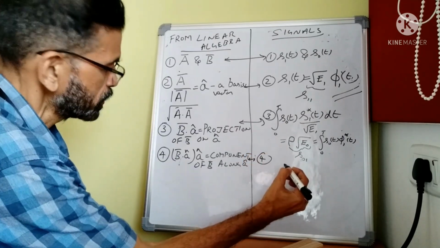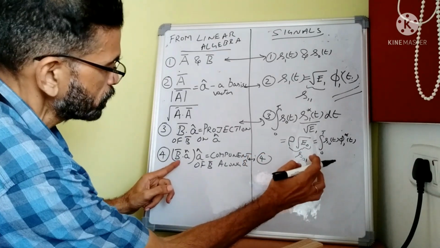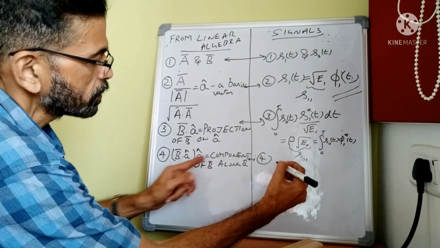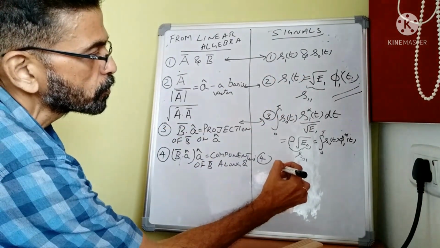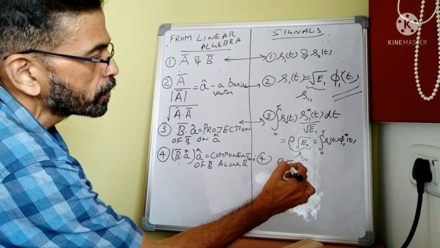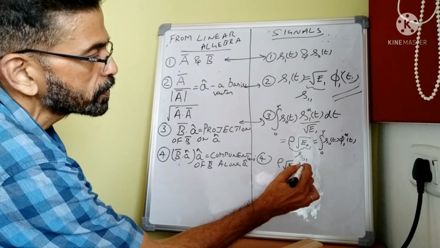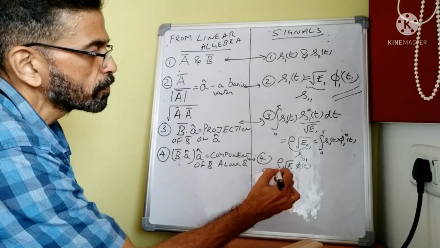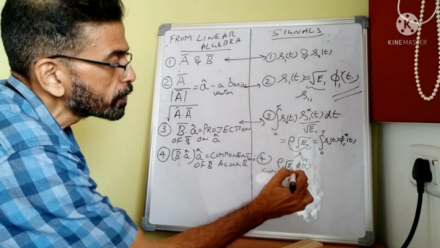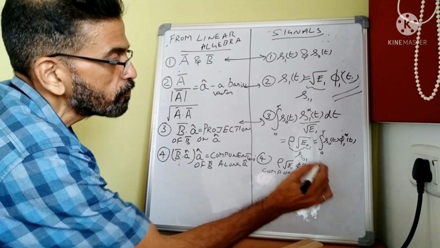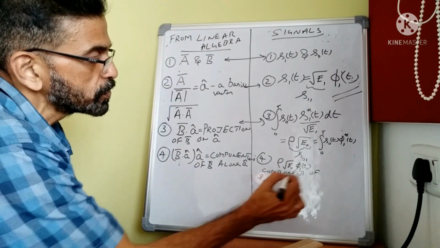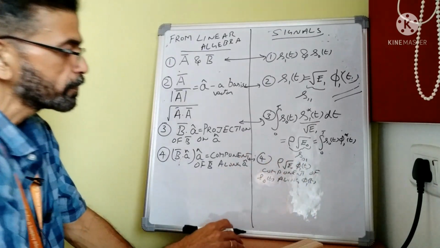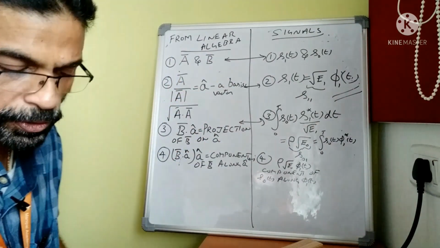The corresponding operation here is the B dot A cap operation, the result is this, and multiplied with A cap, that is phi 1(t), so rho root E naught phi 1(t) will be the component of S0(t) along phi 1(t).